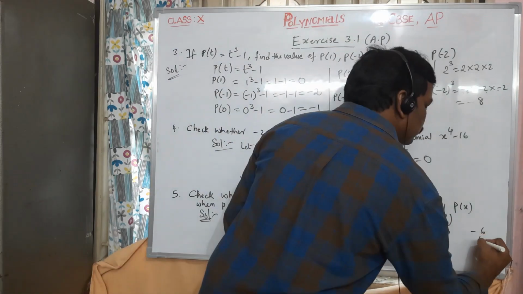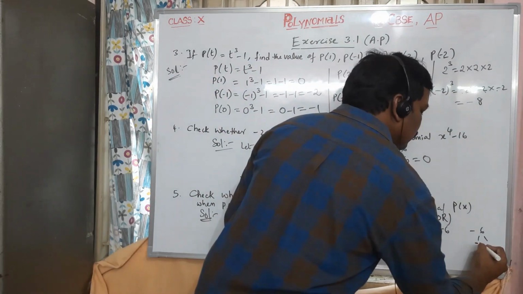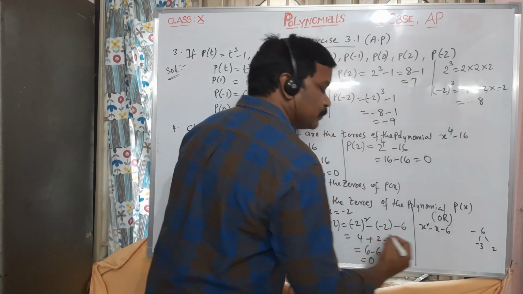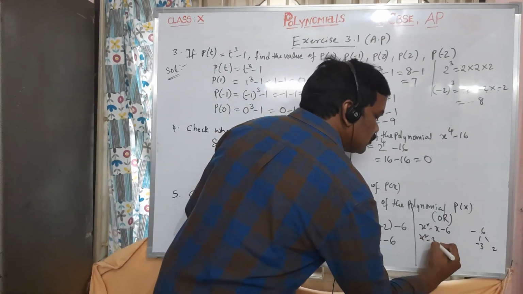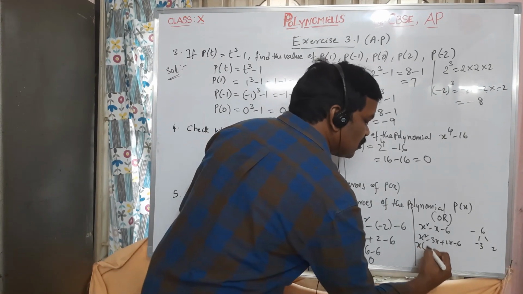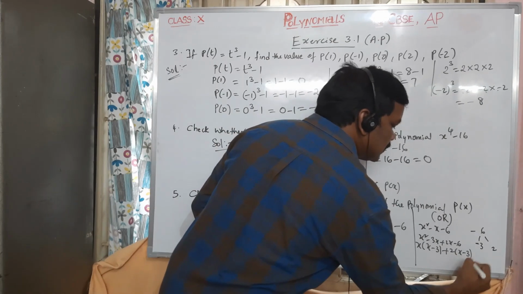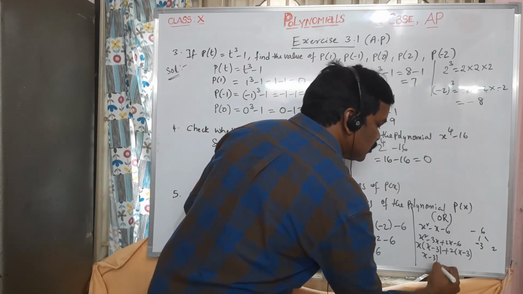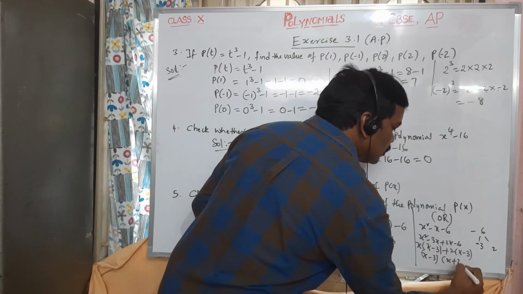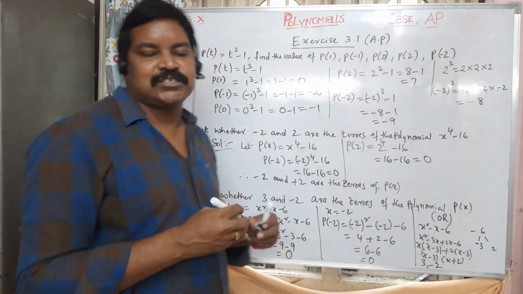If you split the middle term, minus 3 plus 2, no, that means minus 3x plus 2x minus 6. Take x as common, x minus 3, plus 2 as common, x minus 3. So x minus 3 times x plus 2. Therefore the zeros are 3 and minus 2. This is an alternate method.